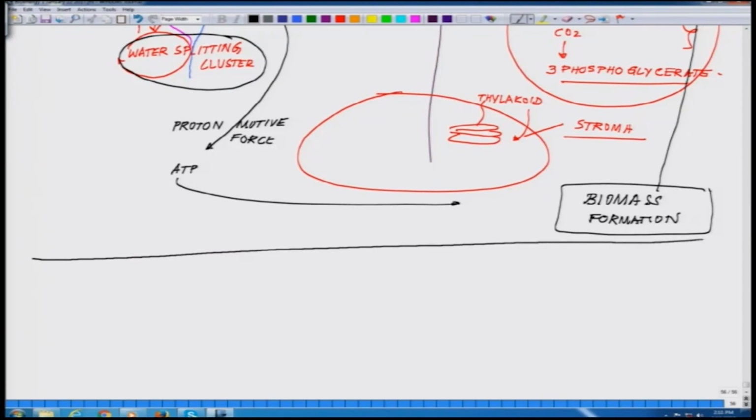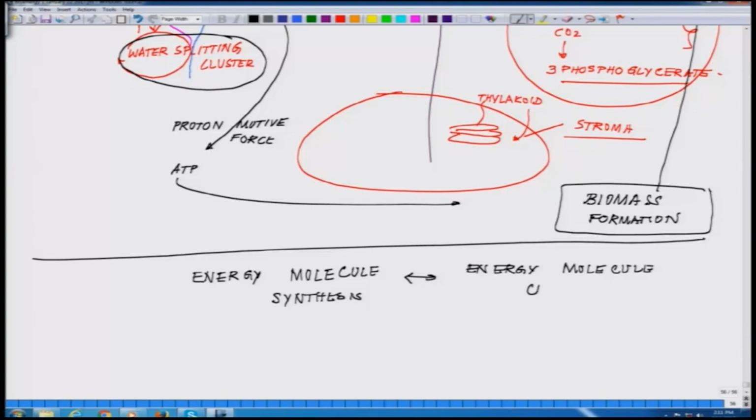Say for example, while the biomass formation is taking place, if there is energy molecule synthesis, similarly there is another thing which is happening, which is energy molecule consumption, which is also a process called respiration, okay, where a plant or any other life form is using this process to generate energy for its livelihood.